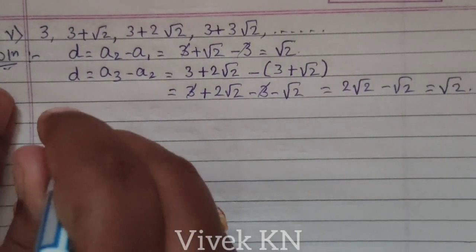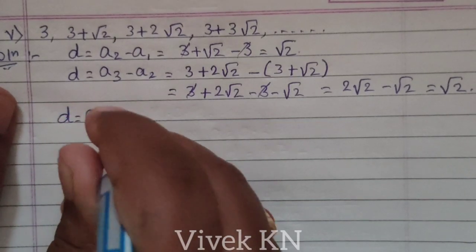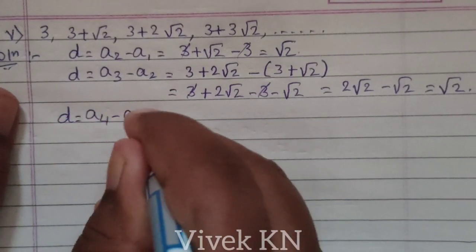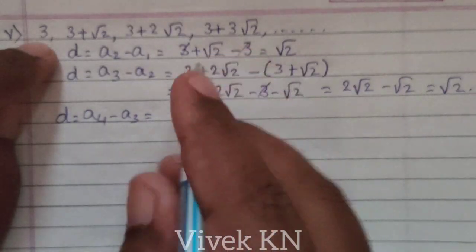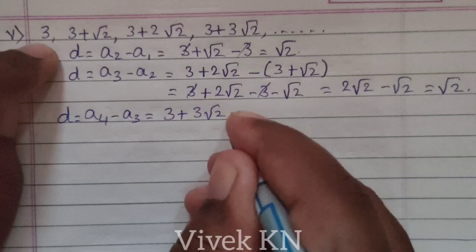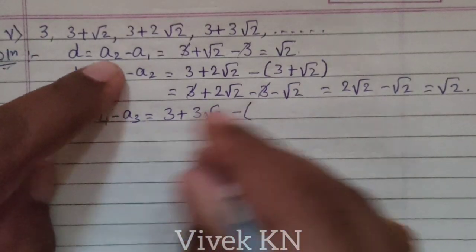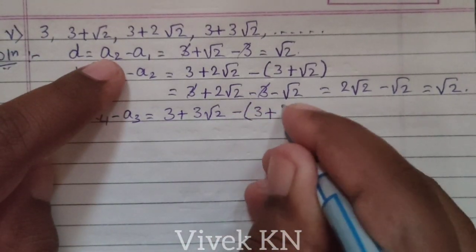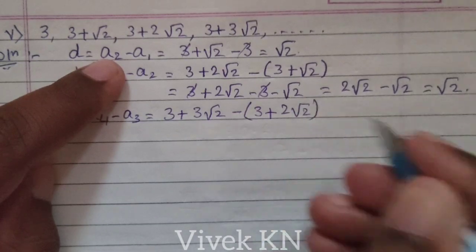Next, d is equal to a4 minus a3. Fourth term is 3 plus 3 root 2 minus third term, which is 3 plus 2 root 2.